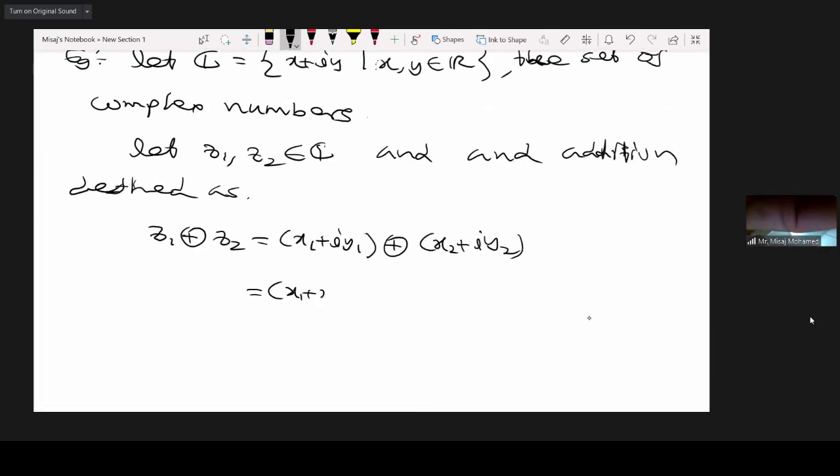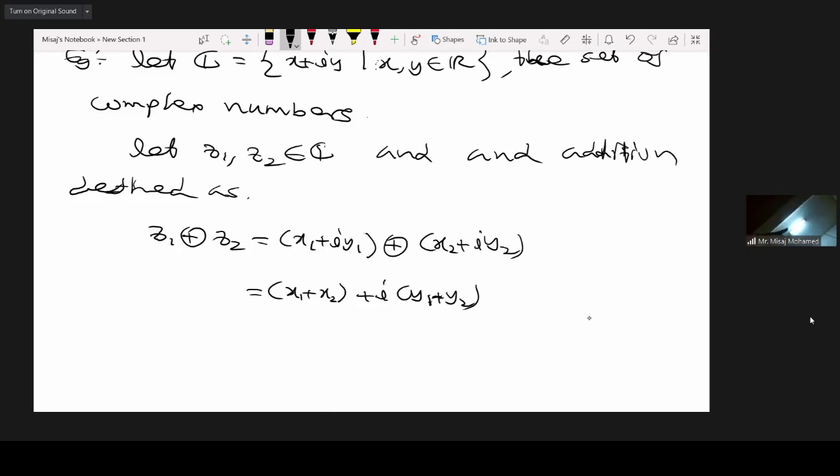So x1 plus x2, plus i times y1 plus y2. So addition is defined like this.